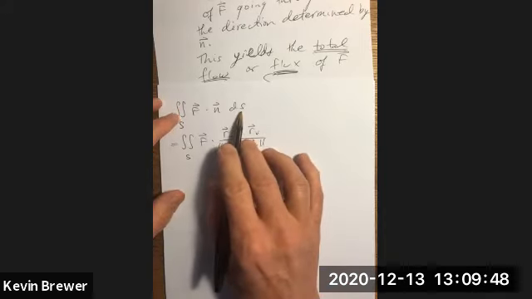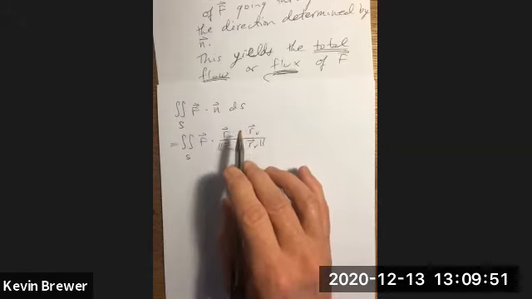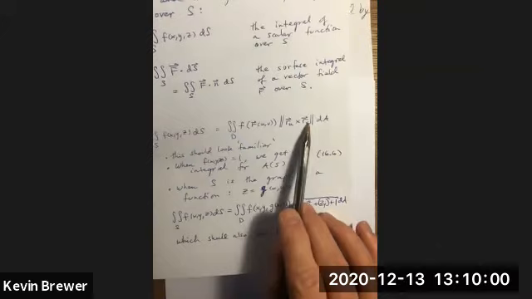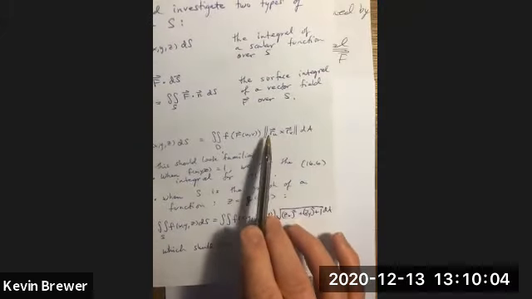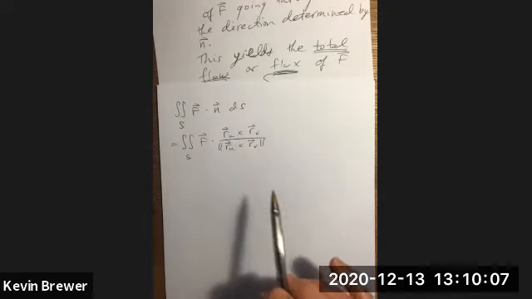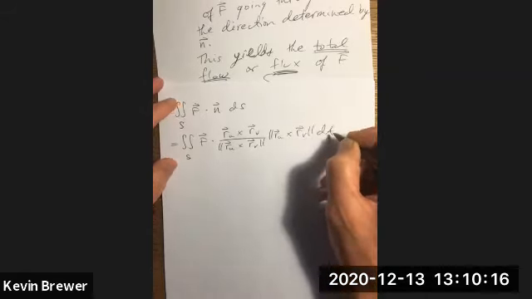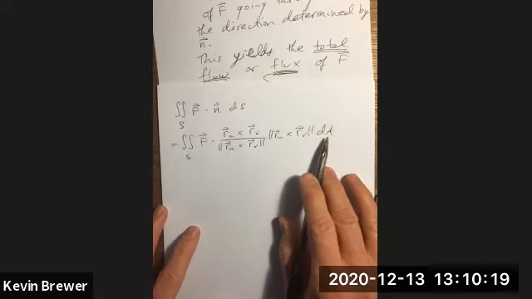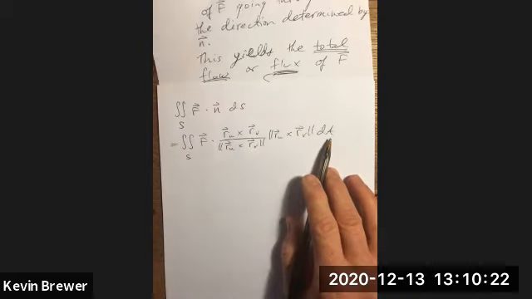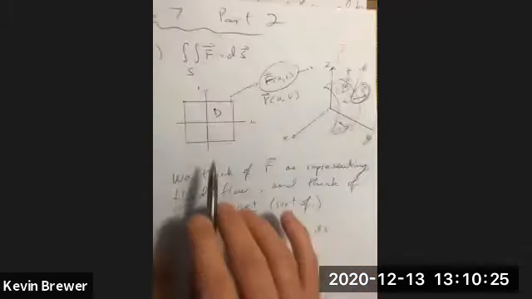The differential of surface area, as we saw in the very first part of our discussion, is the magnitude of RU cross RV dA, where this area is the area back in the UV plane. Well, these cancel out, of course.